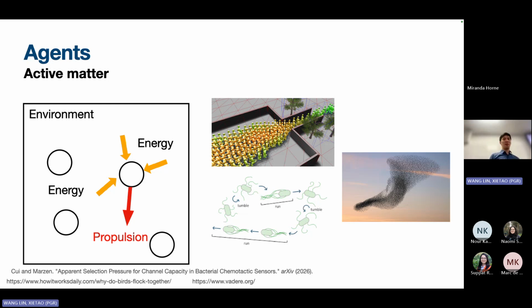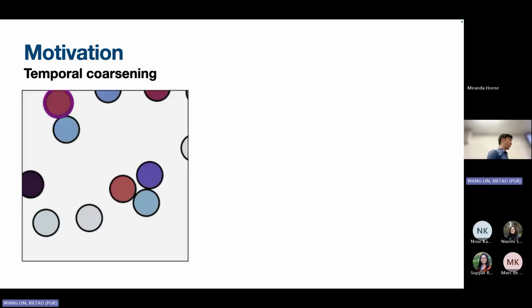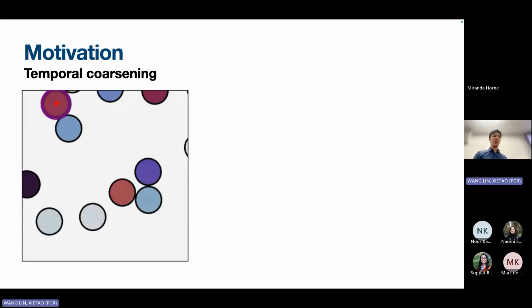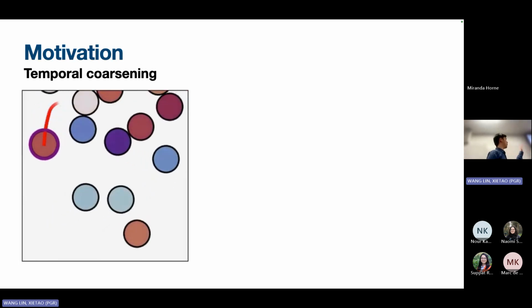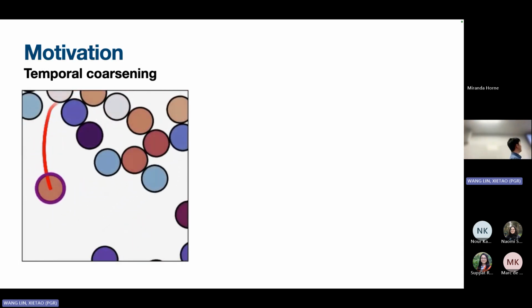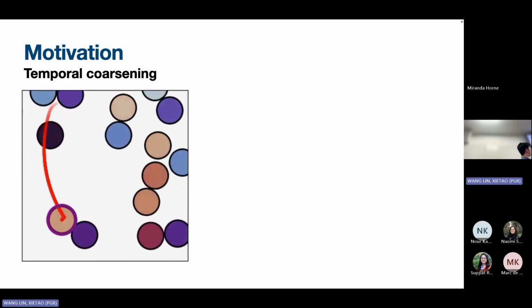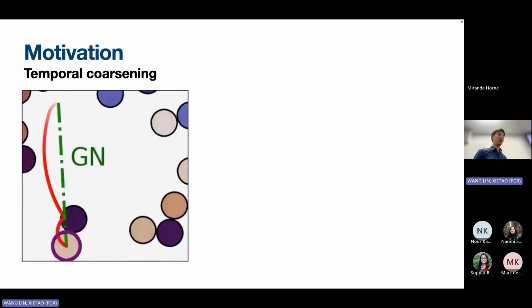We'll talk a bit more about the machine learning background for agents. We know from the literature that we have models that can perform this temporal coarsening we mentioned. If you were to imagine an agent system, instead of integrating the red path, the temporal coarsening model will just skip the entire integration step, which is the green line over here.